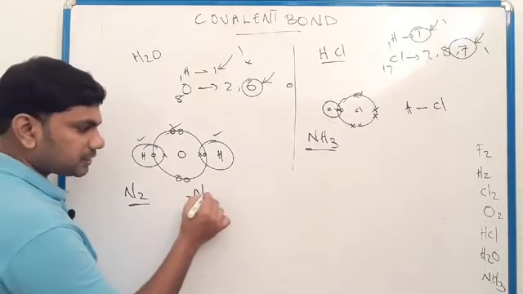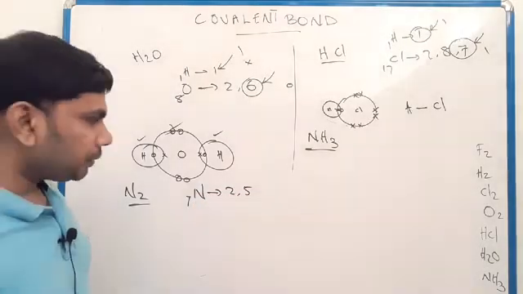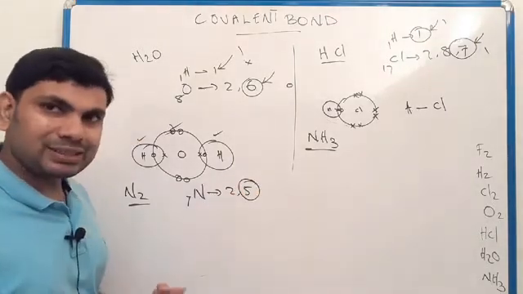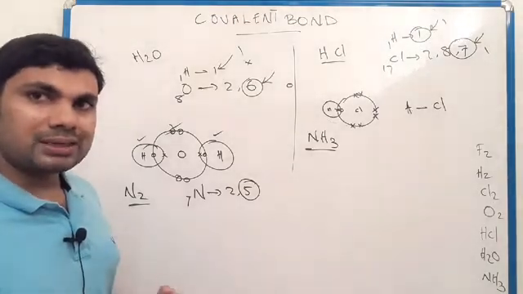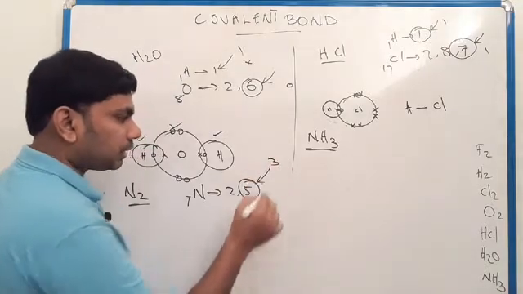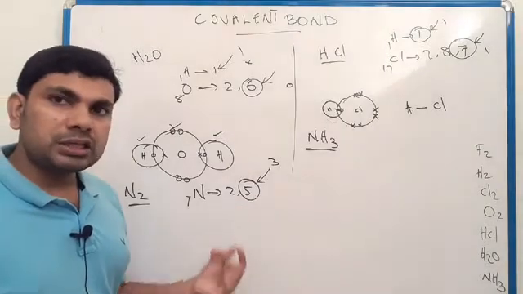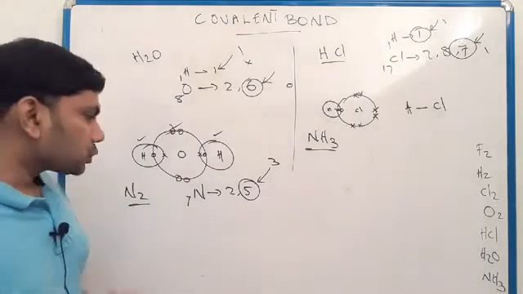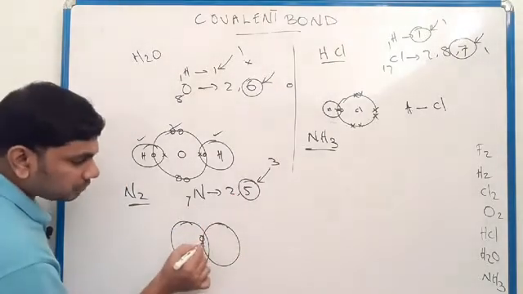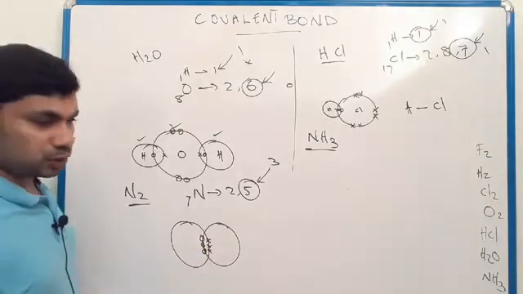Nitrogen atomic number 7, 2,5. Here 5 electrons. So nitrogen needs how many more electrons? Nitrogen needs 3 more electrons, because it must be 2,8. Here 2,5 only, so it needs 3 more. So 2 nitrogen atoms share 3 pairs of electrons.